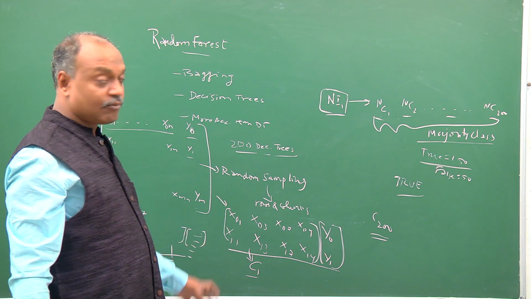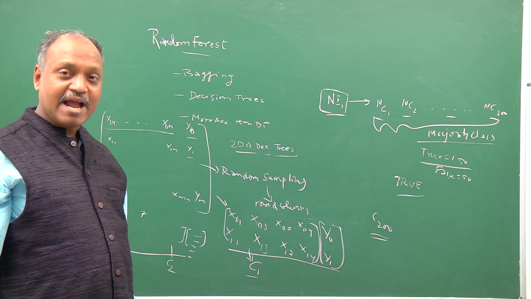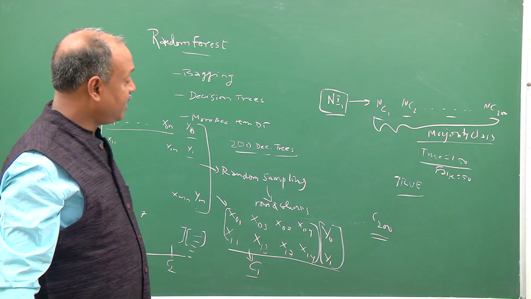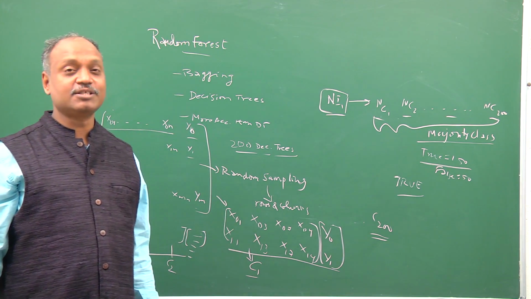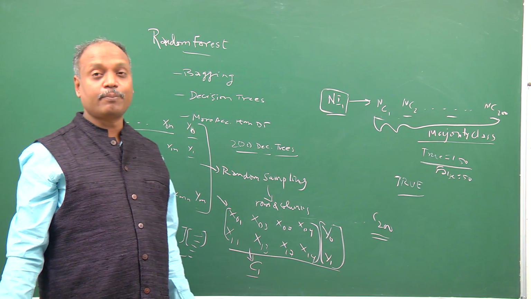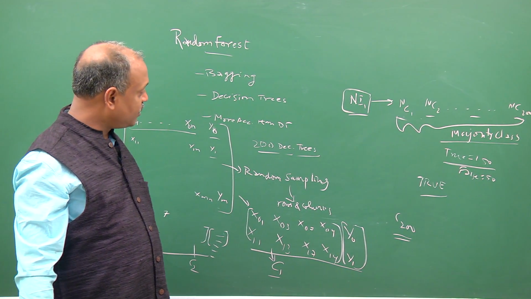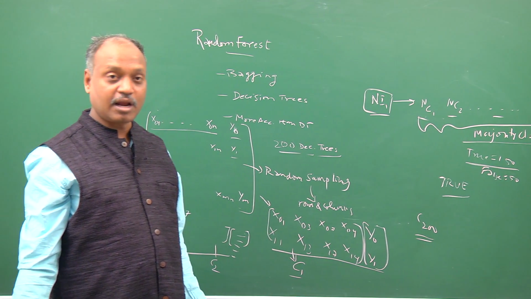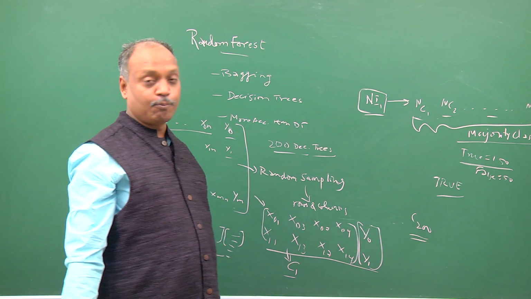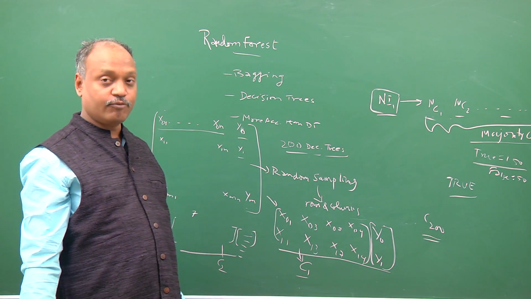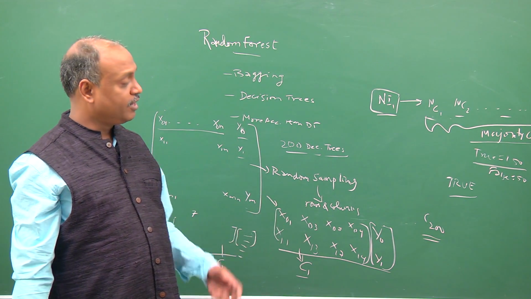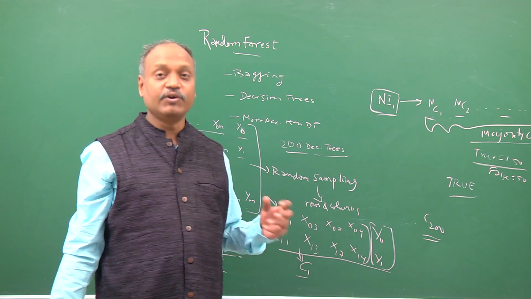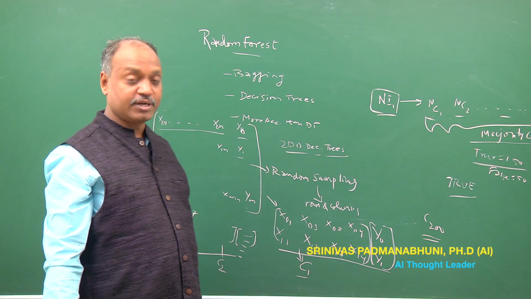The basic idea of random forest is that you bag the results by breaking the original input into several small subproblems, run classifiers for them, then take the majority class from the output of the decision trees generated from each of the 200. You may have 200, 250, 300, but usually a very large number of subsamples are created.